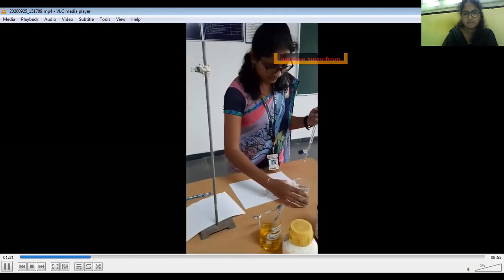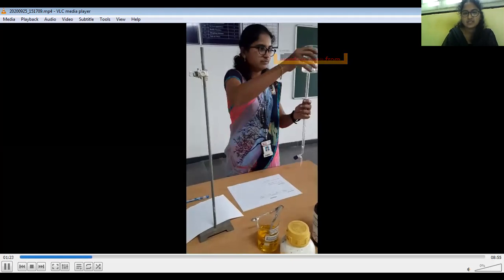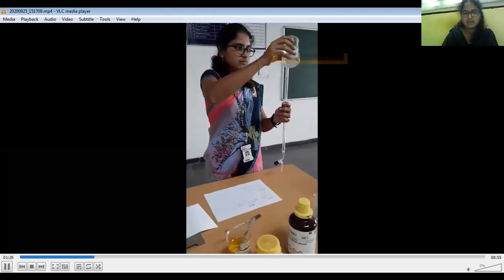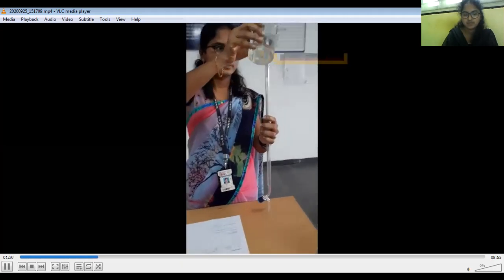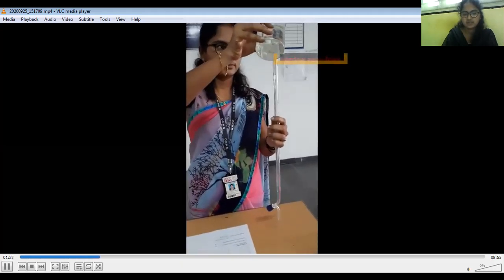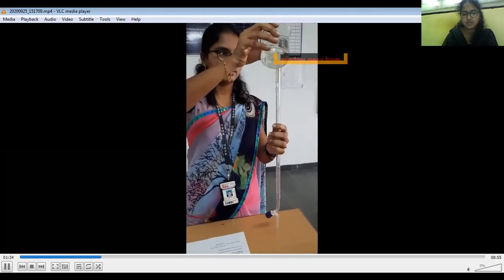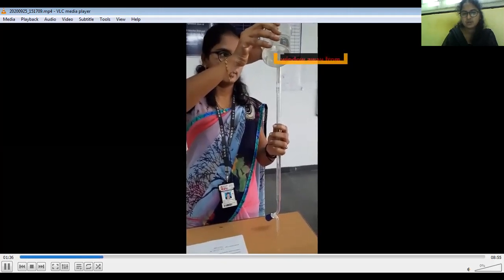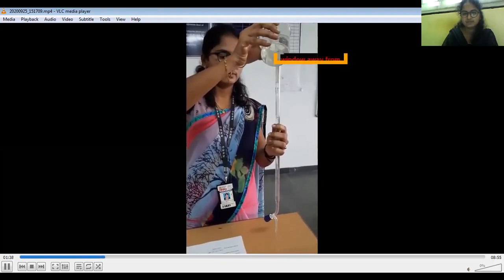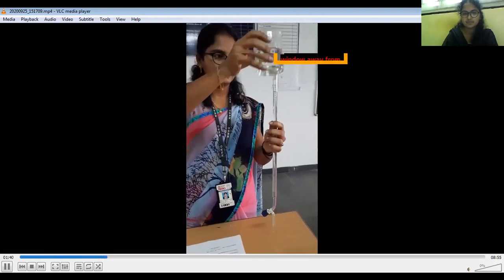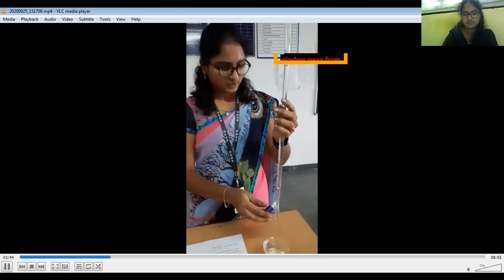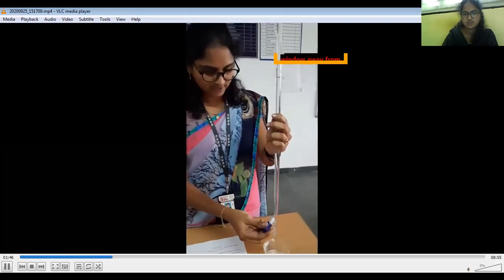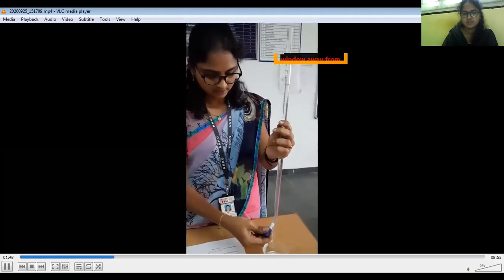First, pour the silver nitrate into the burette. Fill the silver nitrate solution into the burette up to the 0 mark, without air voids.